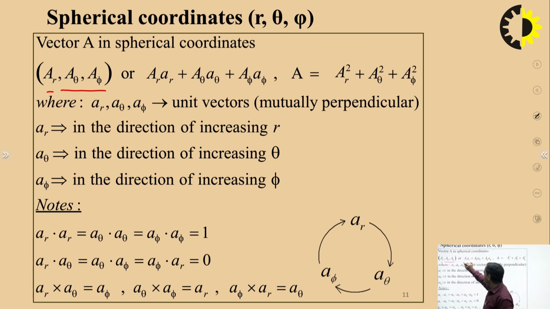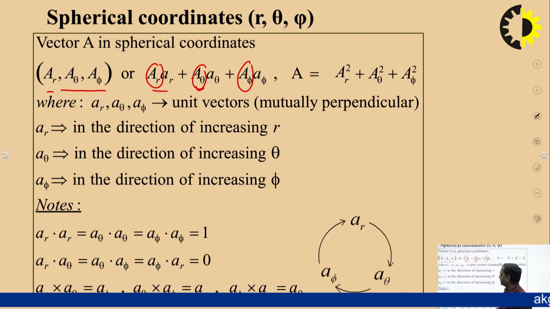We can write the vector A for the spherical coordinate with components A_r, A_theta and A_phi, right? When we combine all of these along the directions a_r, a_theta and a_phi, we get the vector A, the summation of these three. If we want the magnitude of this vector, then the magnitude of A is the square root of A_r squared plus A_theta squared plus A_phi squared.